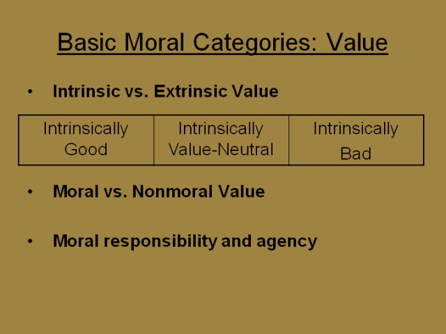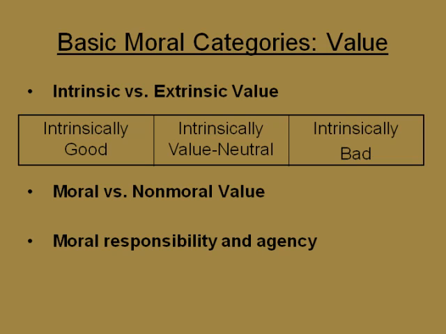Our other major category is that of value. Things have value. Actions don't have value. Actions are about rightness or wrongness. When we talk about value, we're talking about the good. And we could say that things are good in either an internal or external sense, or intrinsic or extrinsic.